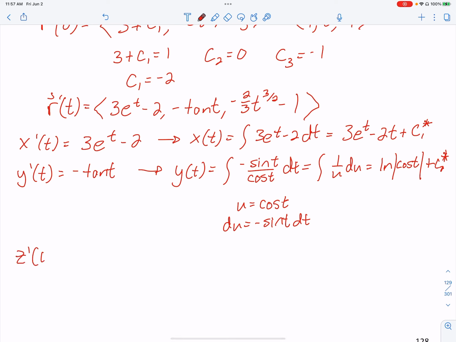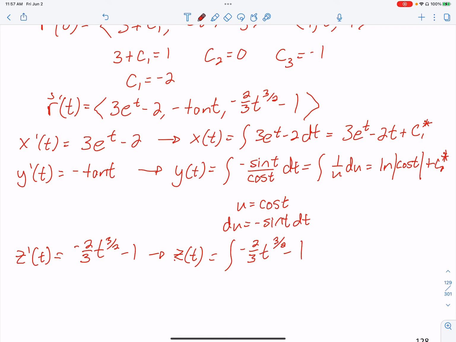z prime of t equals negative 2/3 t to the 3/2 minus 1. So z of t is the integral of that, dt.